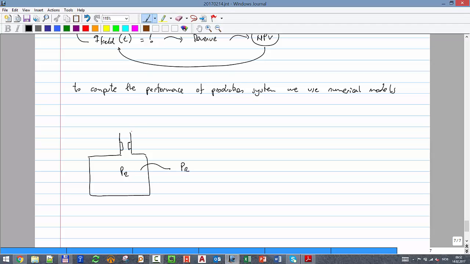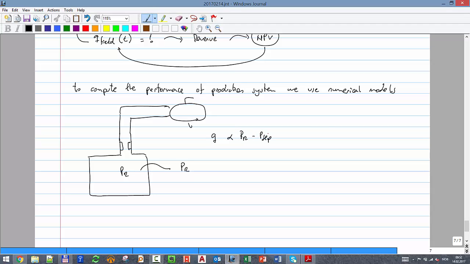Remember that if we make our analog, and here we have our separator, the rate that I can produce from that system is somehow proportional to the difference in pressure between reservoir and separator.